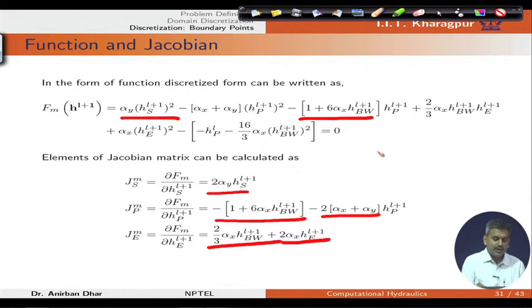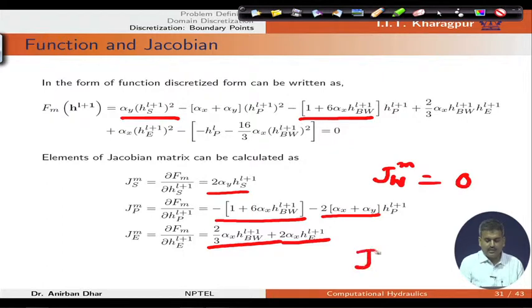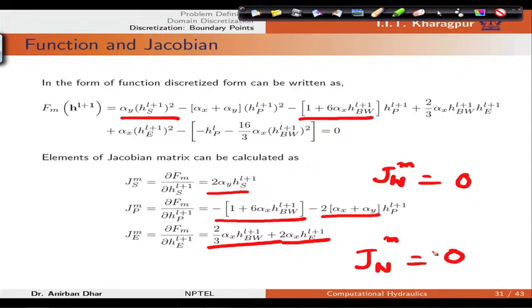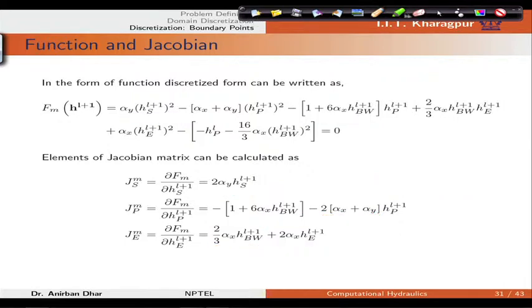So, we do not have J W M, this is 0, and J N M, this is 0. So, in Jacobian matrix you will not find these two terms.